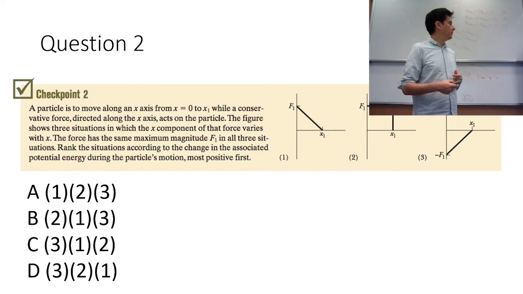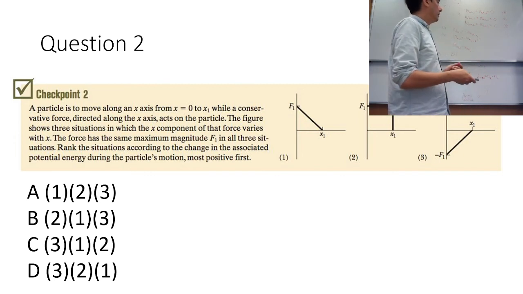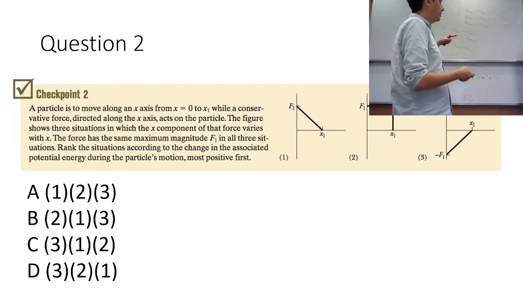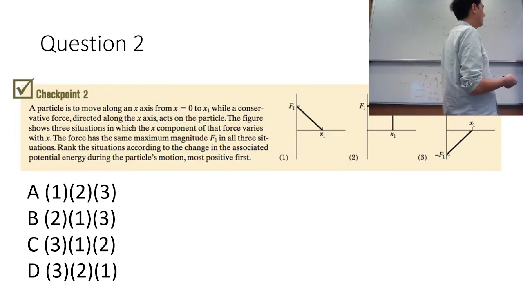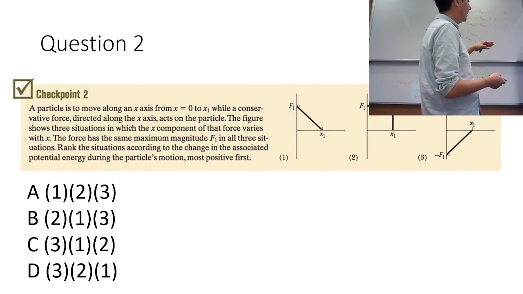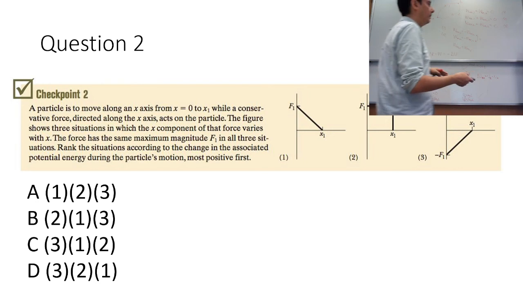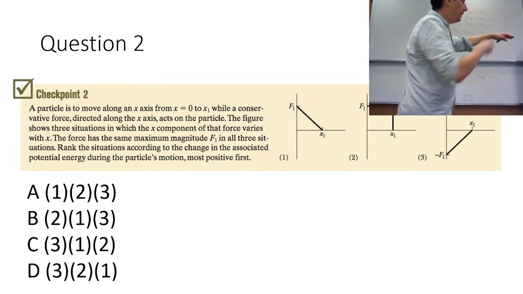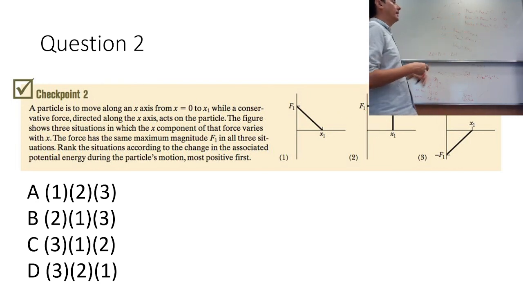All right. So it's going from 0 to x1, and the force is changing here. In this case, the force is in the positive x direction, but it's weakening with position. So it's a relatively strong force at the beginning, and then weakens towards the end. In this one, the force is always at maximum.